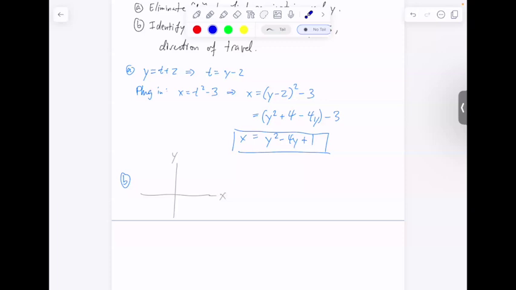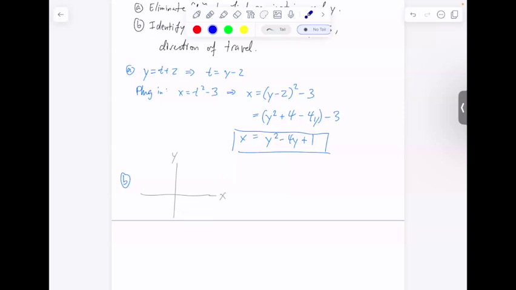Is it to the right or to the left? Exactly. So it should be to the right. And the way you see that is by the coefficient in the square term here, right? If the square term is positive, then you open upwards if it's y is equal to x squared, for example, or sideways to the right.